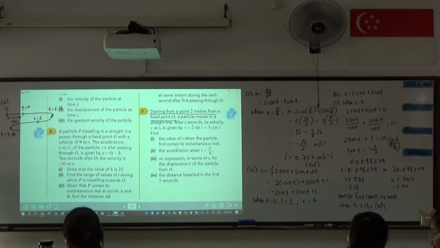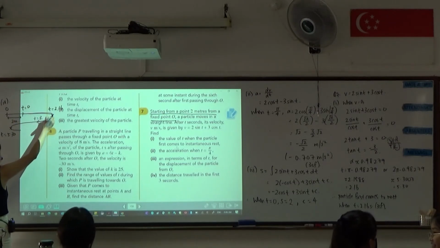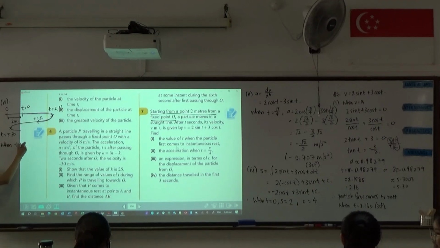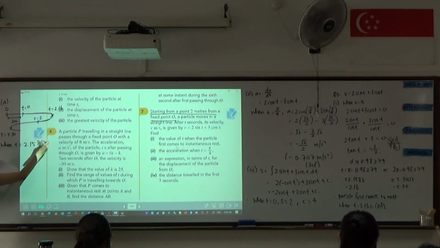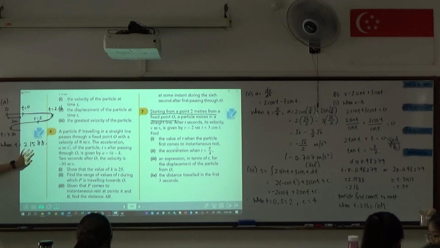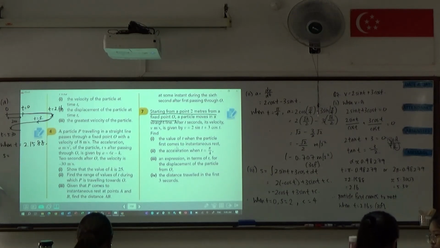So what we want to find is this distance here as well as this distance here. For accuracy, your t should be 2.1588, truncated to 5 SF. Find out what is the displacement.